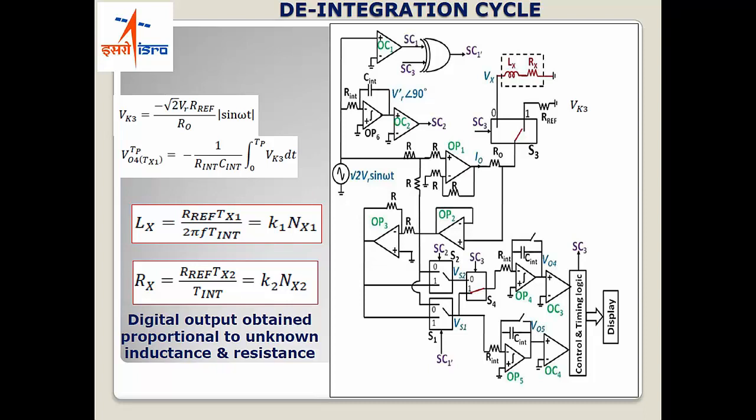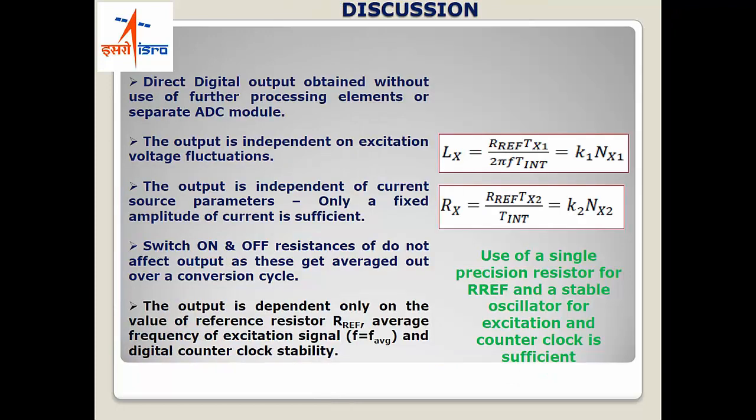The only other terms, as you can see over here, on which this output depends are the value of the reference resistor, the frequency of the sine excitation, and the integration time interval. So all these can be manually fixed. If you look at the output, what are the factors it depends upon? As you can see from these equations, it is almost independent of the excitation or the voltage fluctuations.